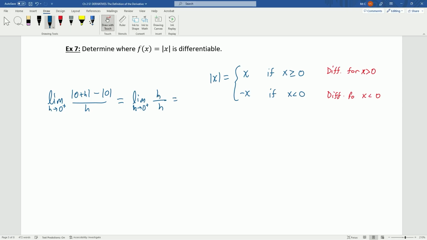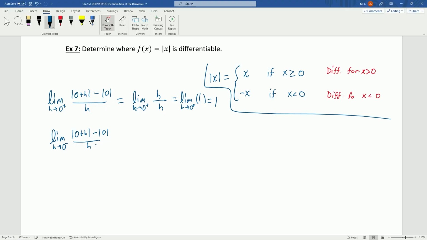And h divided by h is 1, so this is the limit as h goes to 0 from the right of 1, and the limit of a constant is just the constant, so we get 1. But if I take the limit for this derivative from the left-hand side, the absolute value of h, since h will be a negative number, is going to be negative h.